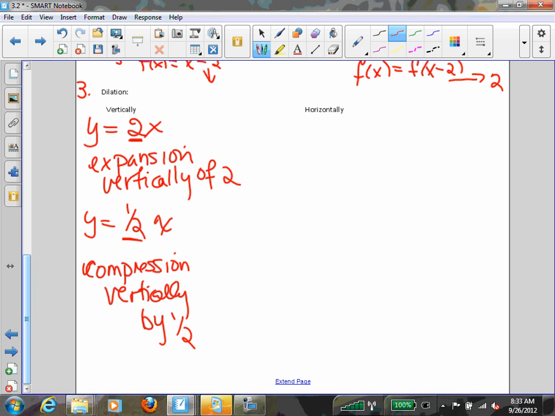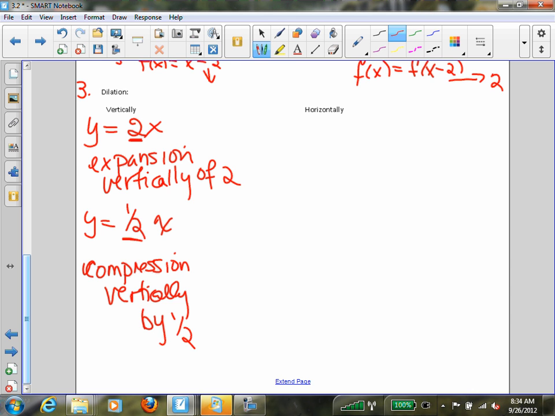So if x is 1 on the parent graph, y should be 1, right? But if I put that 1/2 in there, if x is 1, well, y is now 1/2. So it's compressed the value with respect, no matter what function. This is a rule for all of them, okay?